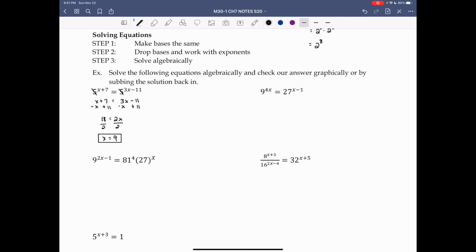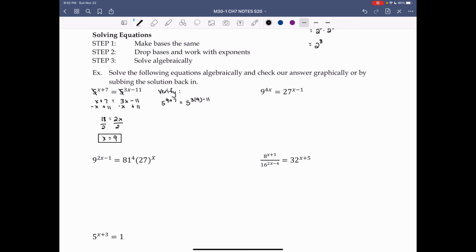Then we need to verify. Let's verify this one algebraically. 5 to the power of 9 plus 7 equals 5 to the power of 3 times 9 minus 11.